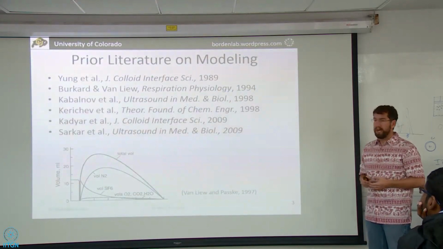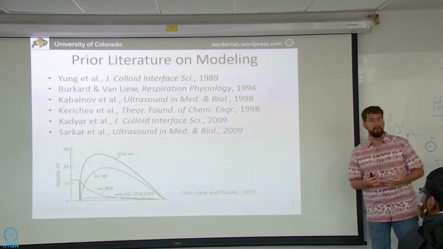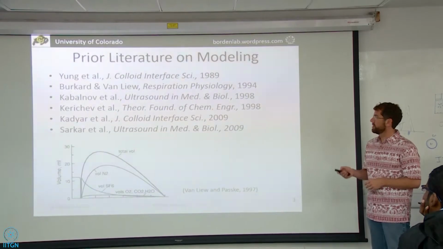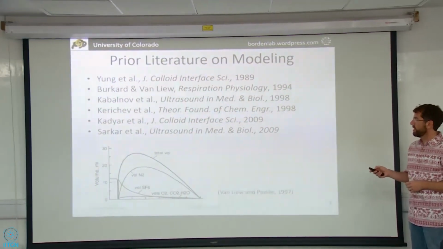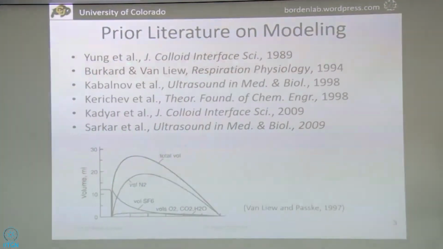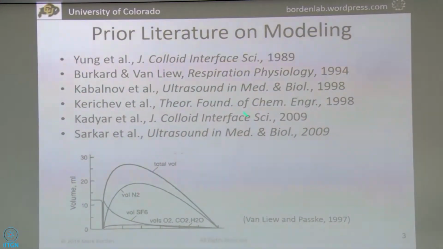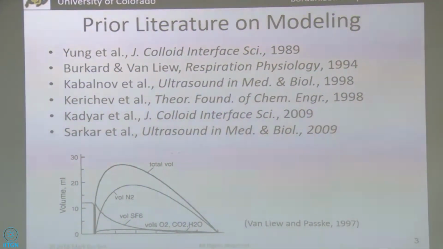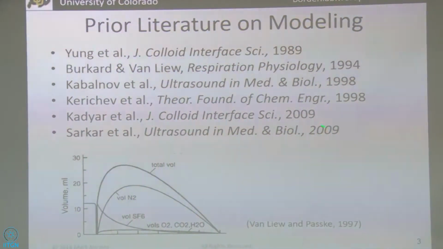The problem of gas exchange, what happens to the bubble, the ultimate fate of the bubble, has been explored before by several researchers, and these are a handful of them that I chose, starting back in 1989 and going all the way to more recently Sarkar. I showed you that paper in 2009.